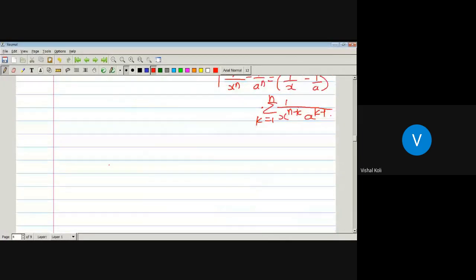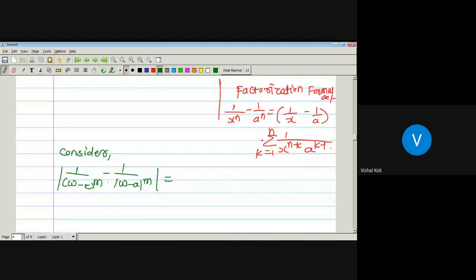So here consider modulus of 1 upon w minus z to the power m minus 1 upon w minus a to the power m, which is equal to, what is the value of this by using this formula? It is nothing but 1 upon x minus 1 upon a.